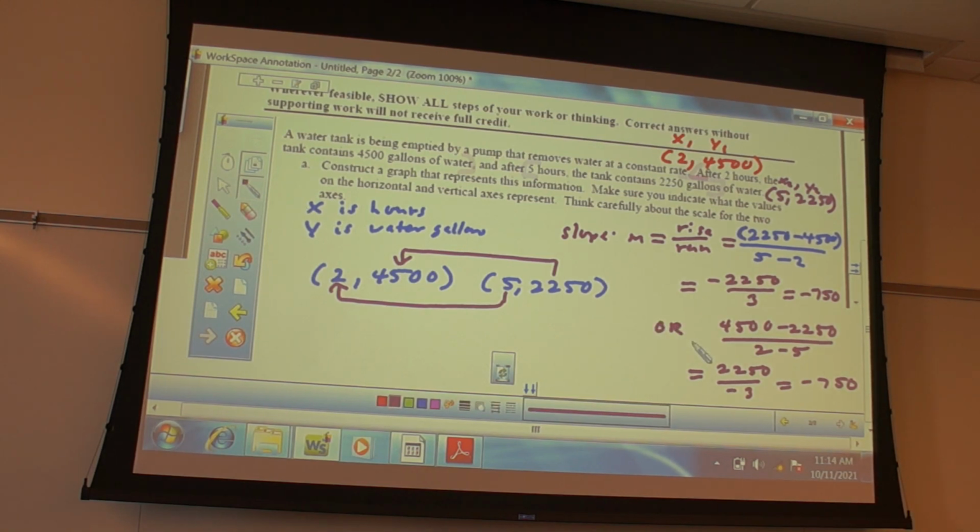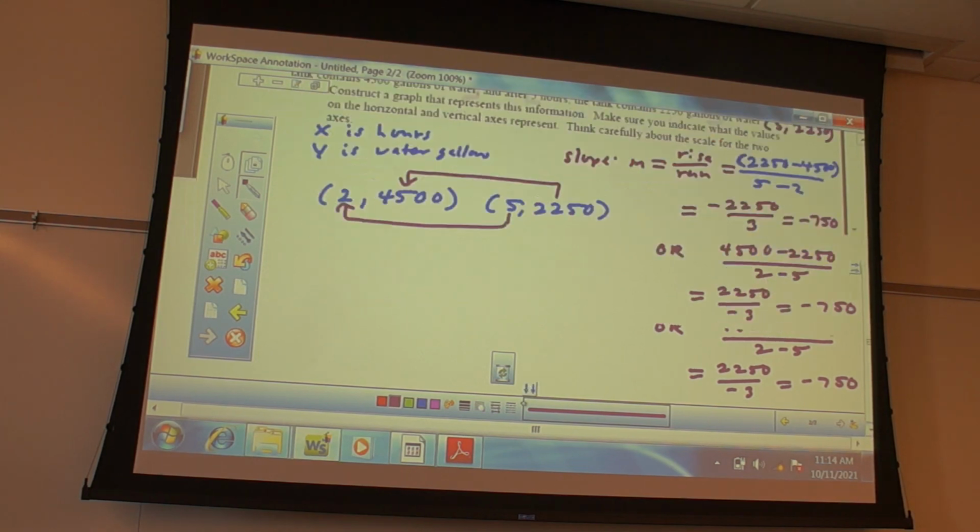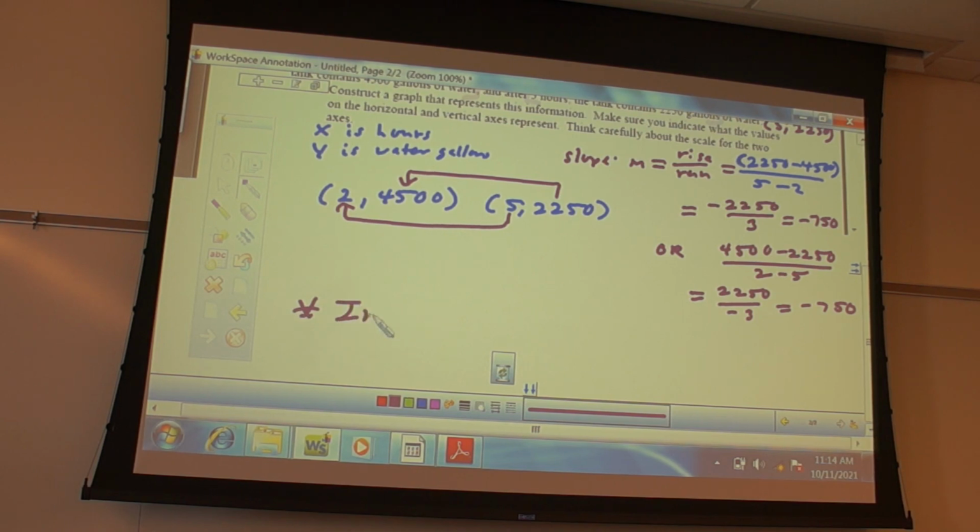All right, so remember we talked about one of the important things: interpret. I'm going to ask you to interpret things. So interpret the slope in the context of this problem.